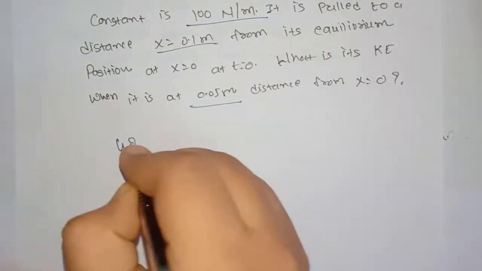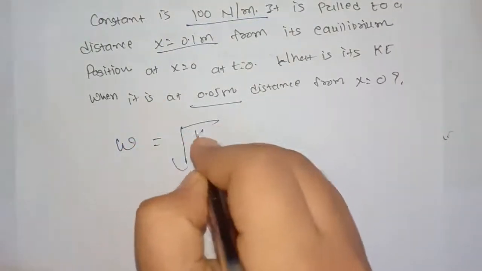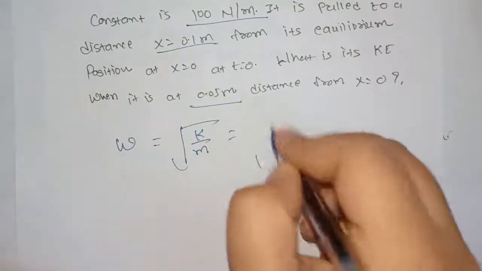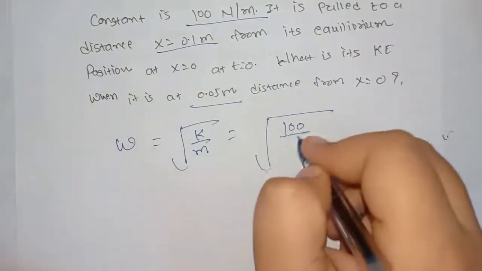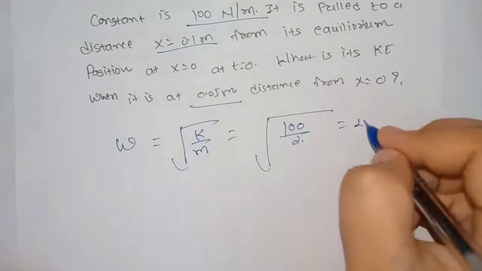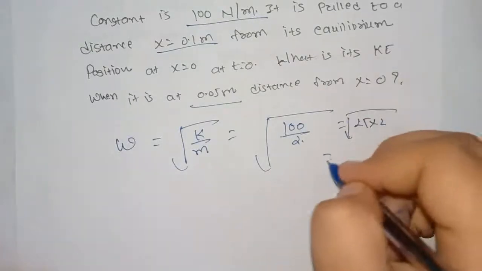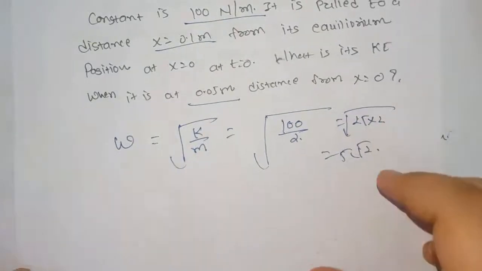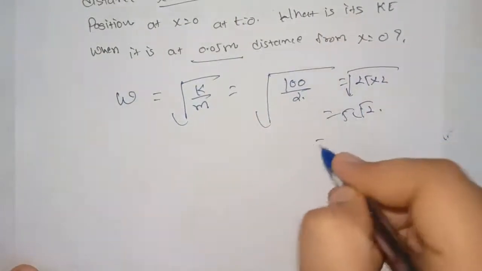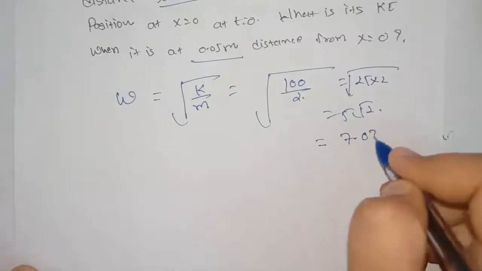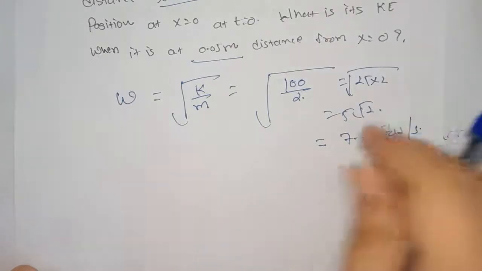The omega for the block is under root k by m, that is under root 100 by 2, that is 25 into 2, so 5 root 2. That will be equal to 7.07 radian per second.